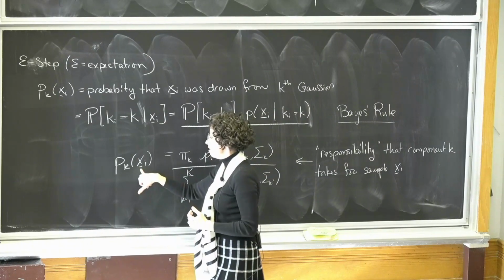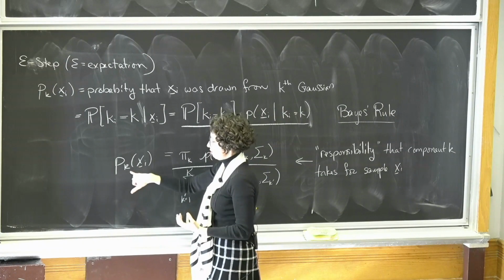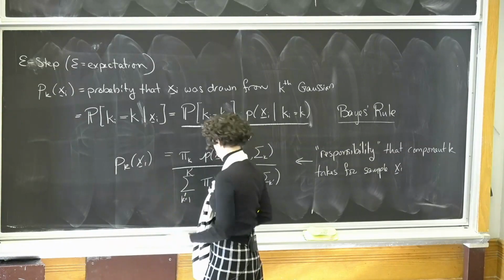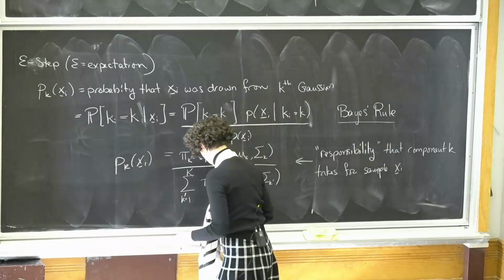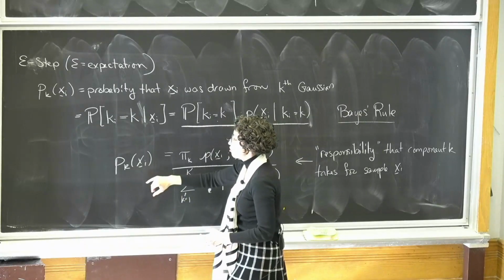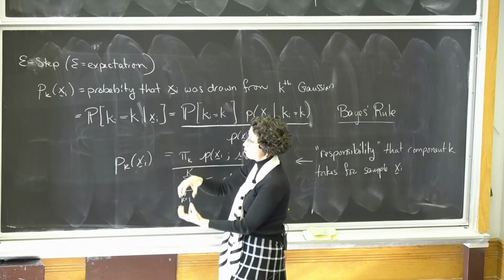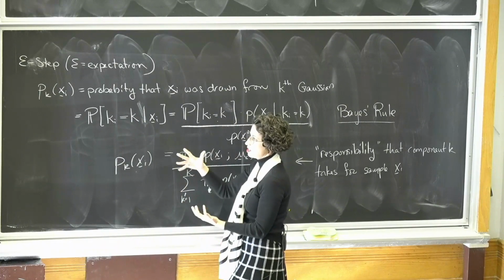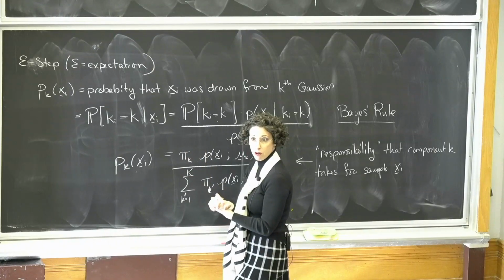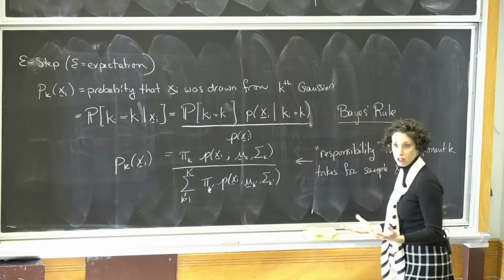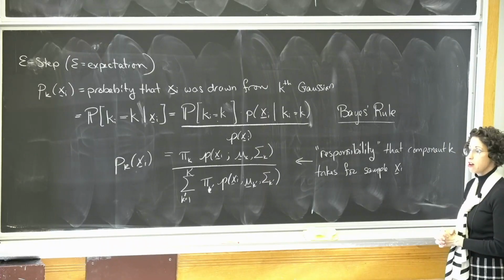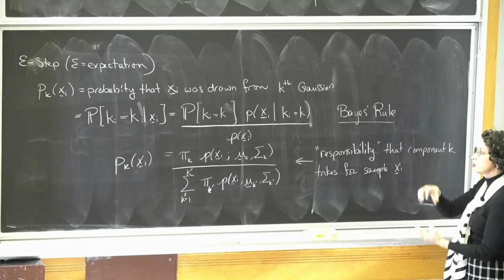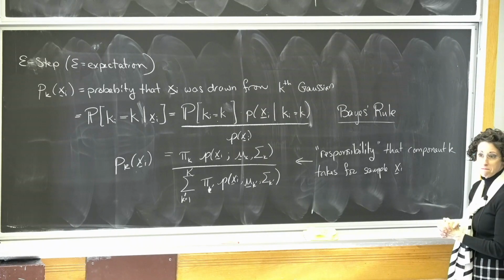A point might have a set of responsibilities where one of them is really huge because it's very close to the center of that Gaussian. In contrast, we might have those responsibilities spread out across multiple Gaussians, reflecting that we can't really tell which Gaussian it came from. And that's what gives us the soft clustering result, this vector of k responsibilities for each sample xi.